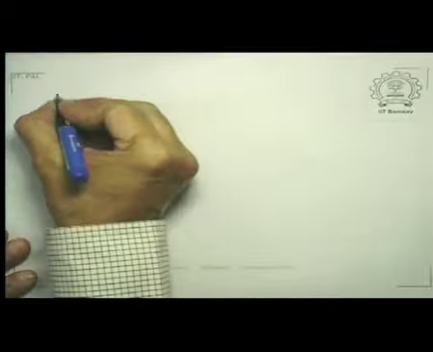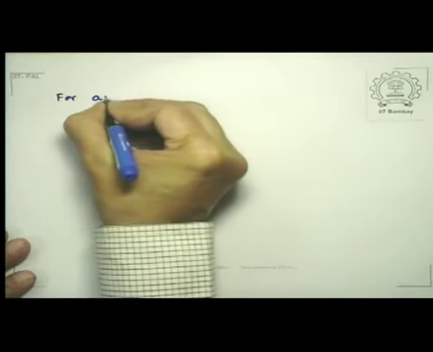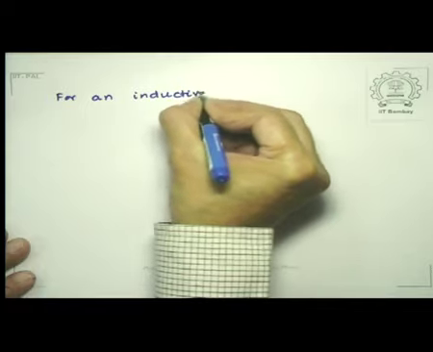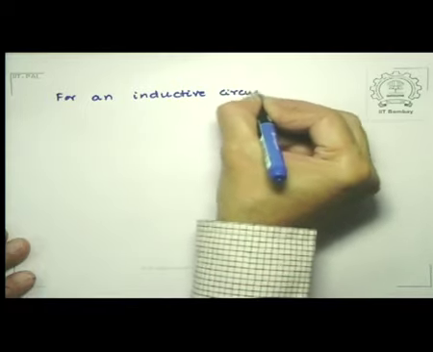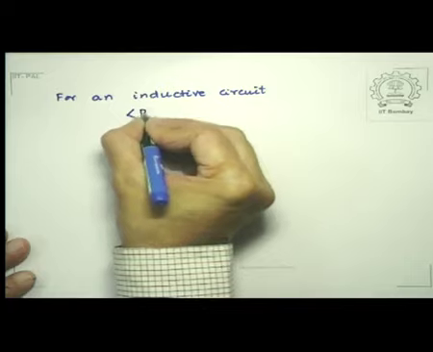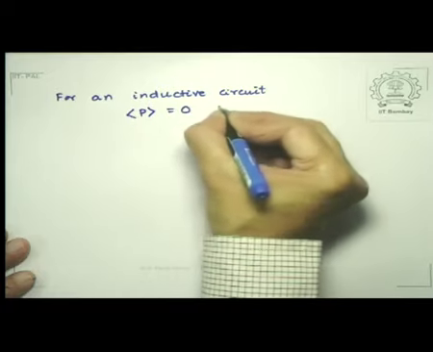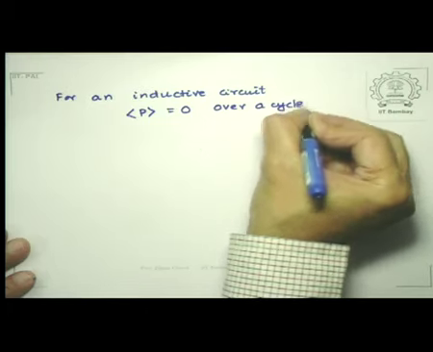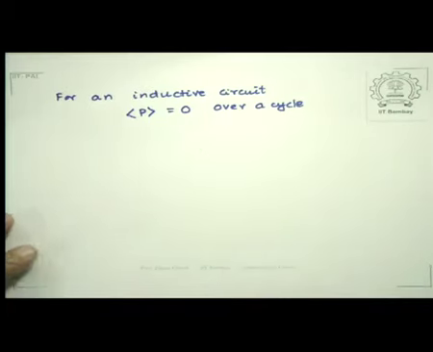So for an inductive circuit, the average power is equal to 0 over a cycle, which is another way of saying that the purely inductive circuit conserves energy.